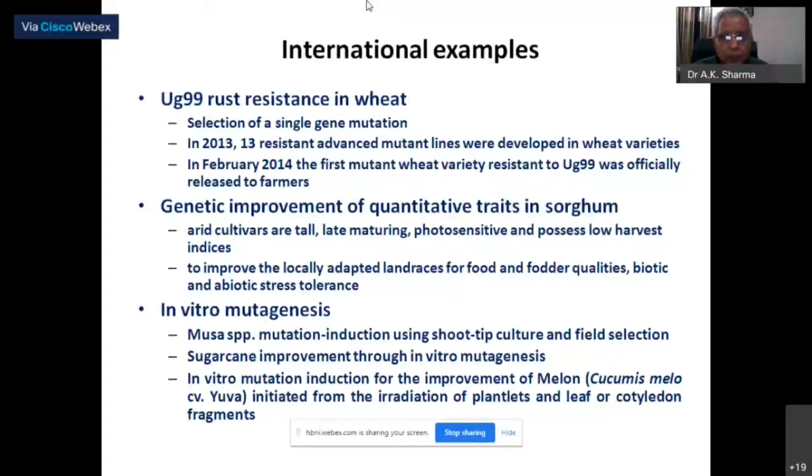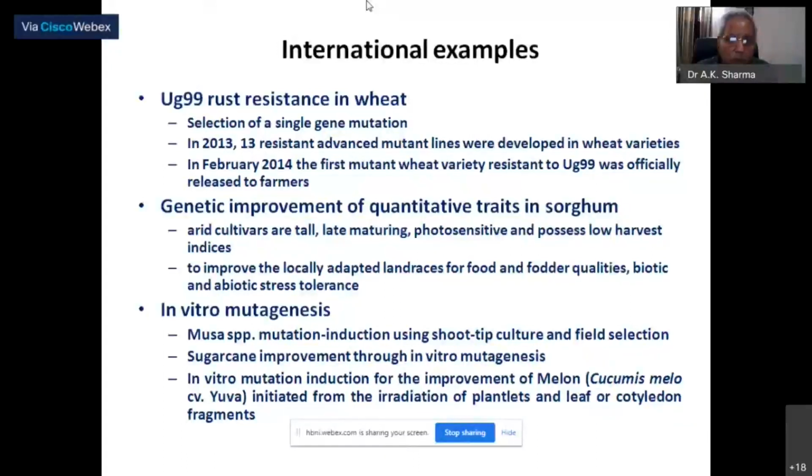Then improvement of quantitative traits in sorghum. Arid cultivars are tall, late maturing, photosensitive, and possess low harvest indices. To improve the locally adapted land races for food and fodder qualities, and biotic and abiotic stress tolerance, a genetic improvement program was carried out under the aegis of IAEA, and it has been very successful in the case of sorghum.